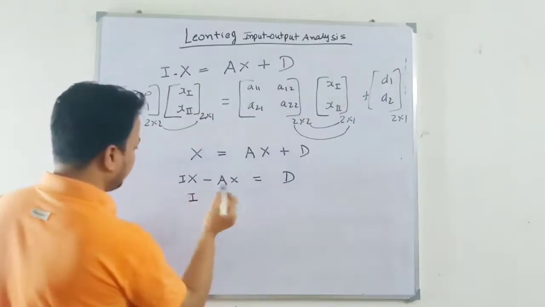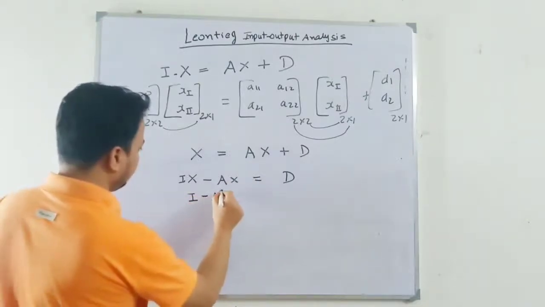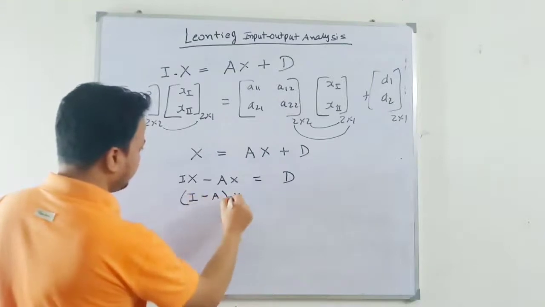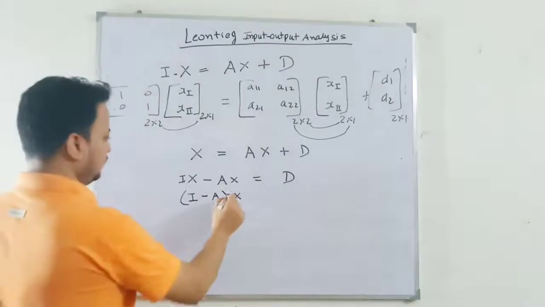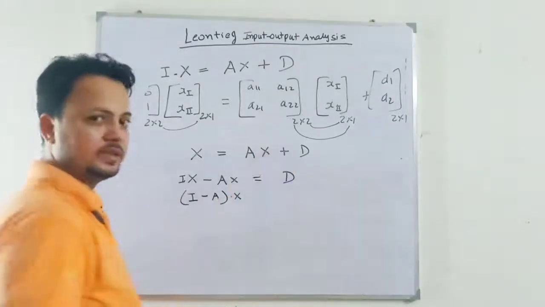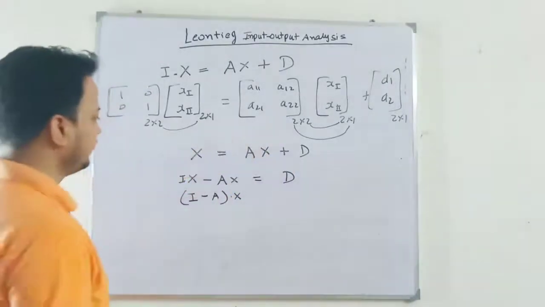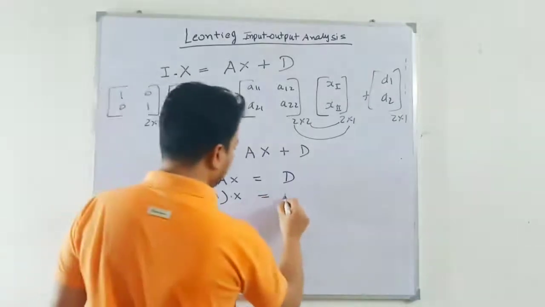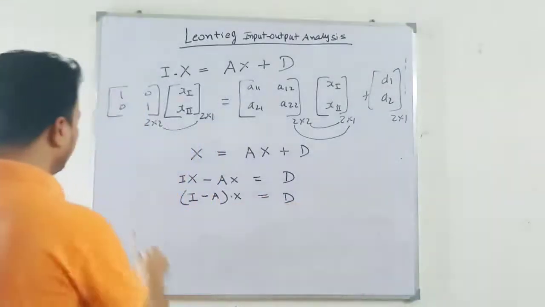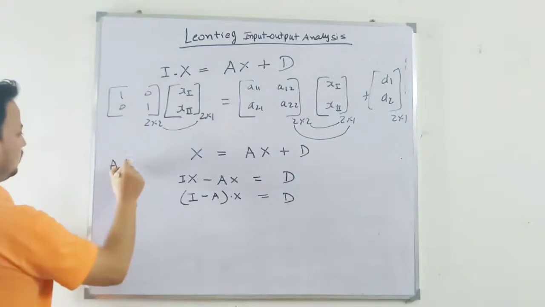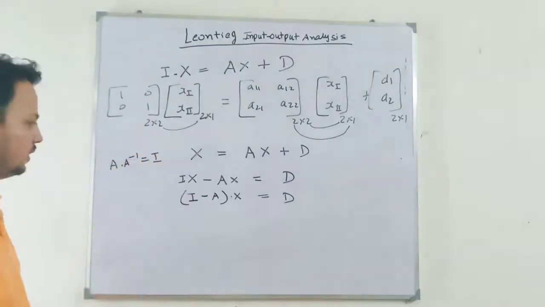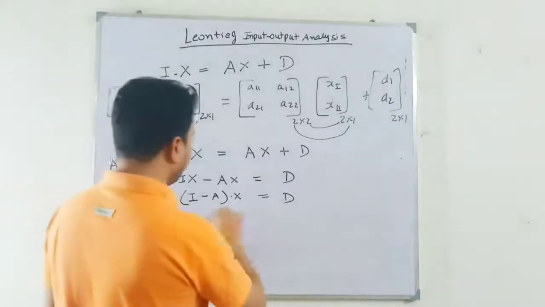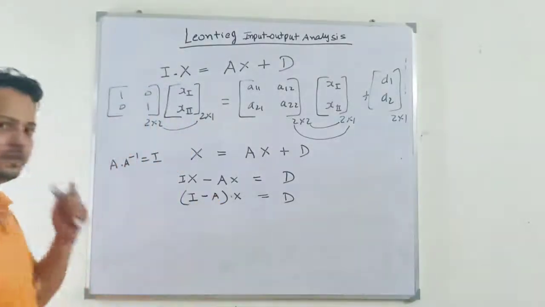So I can apply the matrix property, and I can take this X matrix outside. Just check the order, then you will know. It's simple. Then this will be equal to D, and you know A into A inverse equals I. So multiply both sides by (I minus A) inverse, pre-multiply.